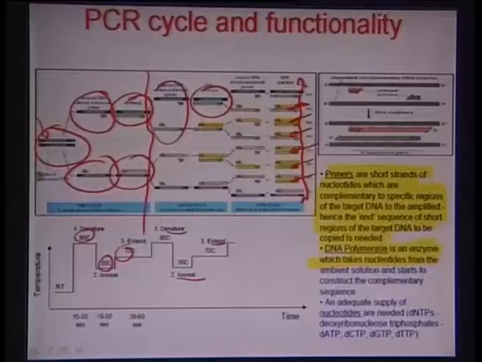Also, DNA polymerase is an enzyme which takes nucleotides from the ambient solution and starts to construct the complementary sequences, and also you do need an adequate supply of these nucleotides, or so-called dNTPs, deoxyribonucleotide triphosphates. Okay, it can be a dATP, that means with an adenine group, a dCTP with a cytosine group, similarly with the guanine group and with a thymine group.